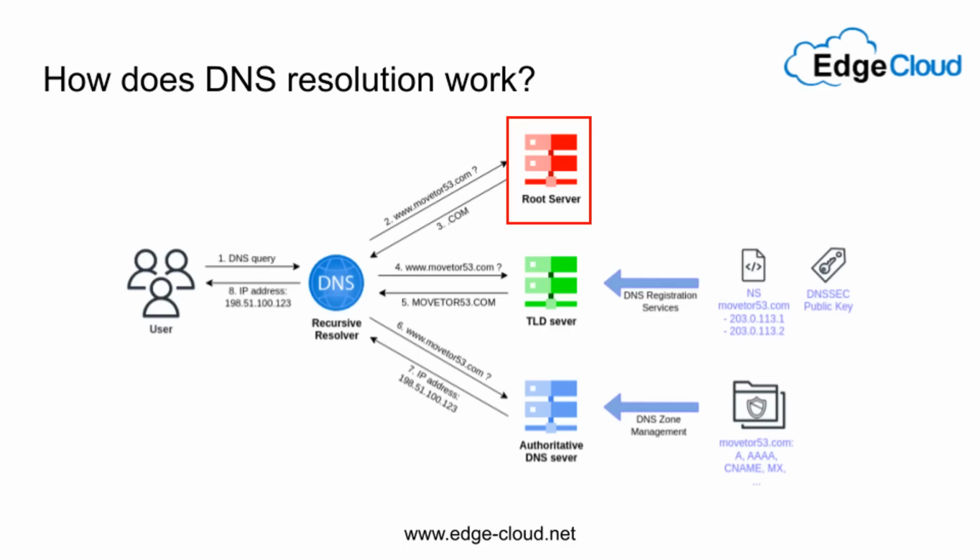While the root server doesn't know the answer for the entire hostname, it does know which top-level domain or TLD servers are responsible for .com and point the resolver to these servers. Similarly, for the next request to one of the TLD servers, the resolver receives an answer pointing towards the authoritative server for movetoa53.com.